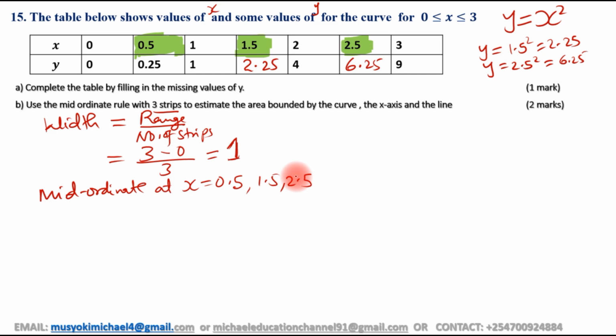So x is equal to 0.5, 1.5 and 2.5. Now the corresponding values of y: when x is 0.5, we substitute into the equation given, y equals x squared, so that will be 0.5 squared, the value of y1.